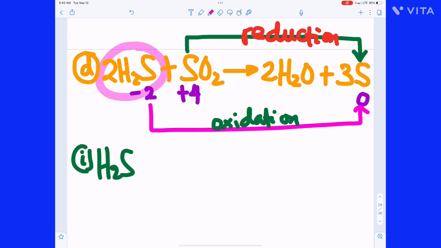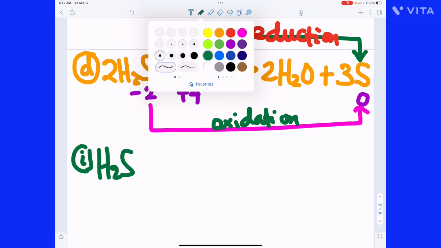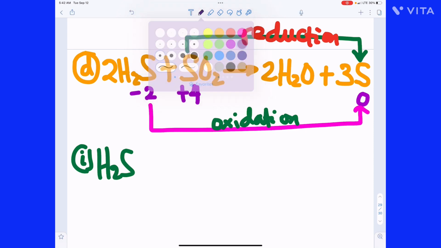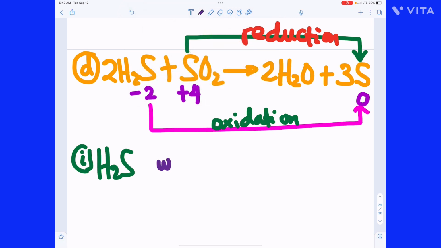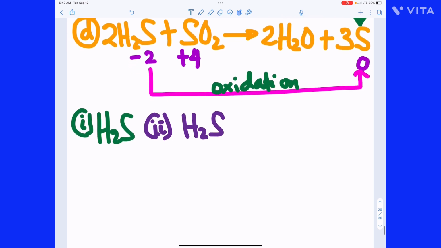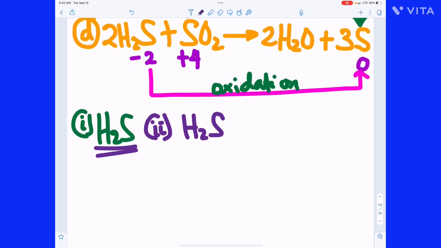You will not just say sulfide is oxidized. You will say hydrogen sulfide is oxidized, more correctly. Is that clear? Also, what substance is the reducing agent? H2S is the reducing agent. The substance that got oxidized is also the reducing agent. I hope you can see that.